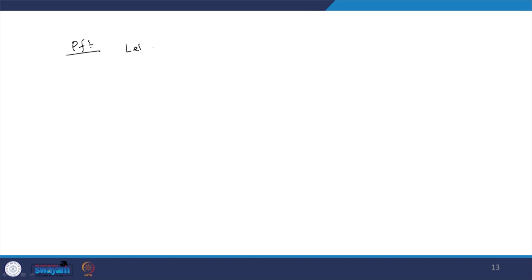Let T be the corresponding linear operator, that is f of alpha beta equal to inner product of T alpha beta.